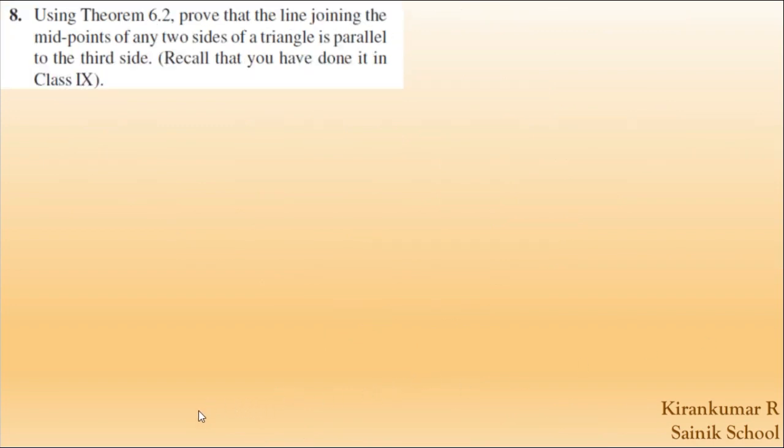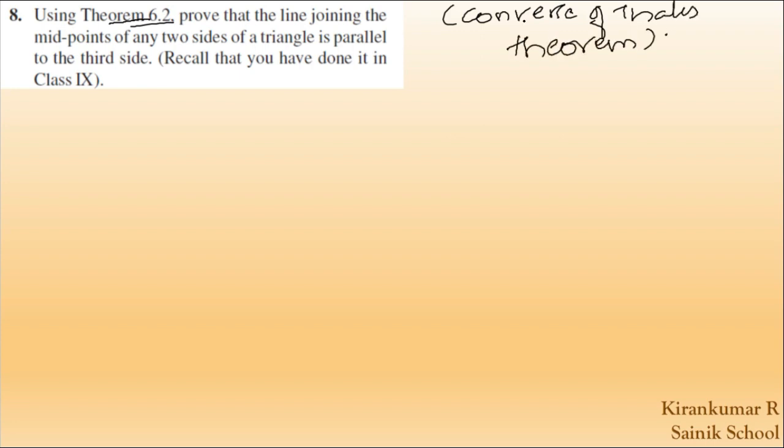Let us solve one more question. This will be the last question for today's session using theorem 6.2. The theorem 6.2 is converse of Thales' theorem. So using the converse of Thales' theorem, we need to prove that the line joining the midpoints of any two sides of the triangle is parallel to the third side.